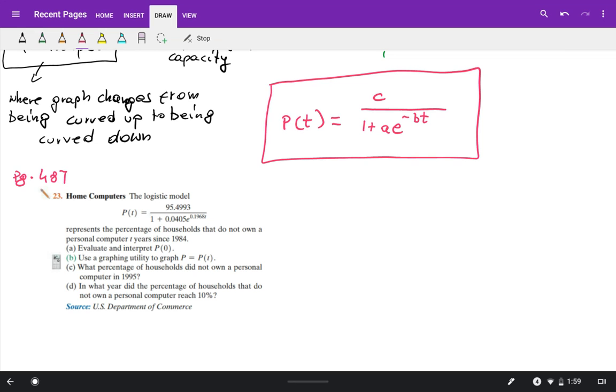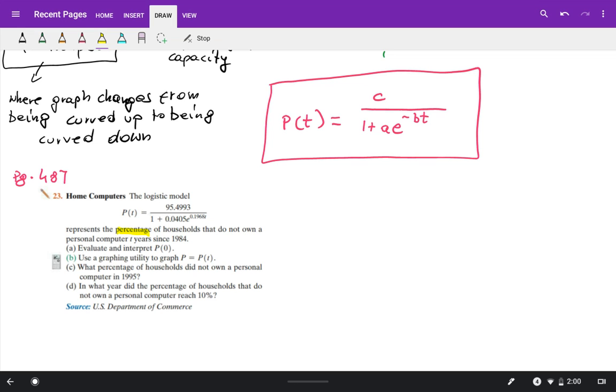So the logistic model is given by the formula, and it represents the percentage, important, of households that do not own a personal computer t years since 1984. Okay, so it represents the households that do not own a computer since 1984. So let's talk about it.